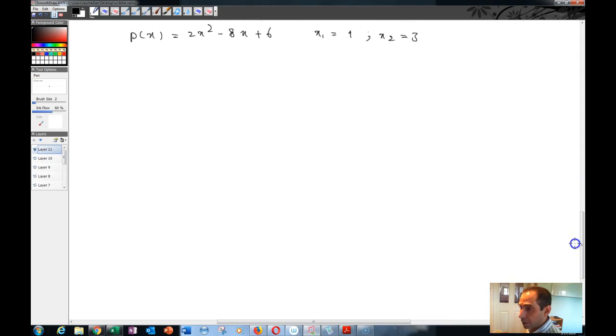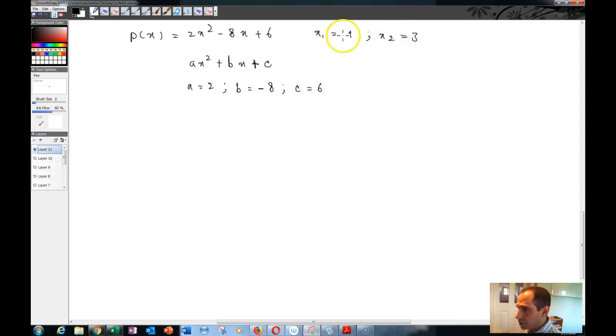Your x1 was equal to 1, and your x2 was equal to 3. Okay, now there is a relationship between these zeros and the coefficients of your polynomial, meaning that the general form of this polynomial would be ax squared plus bx plus c. Here a is equal to 2, b is equal to negative 8, and c is equal to positive 6.